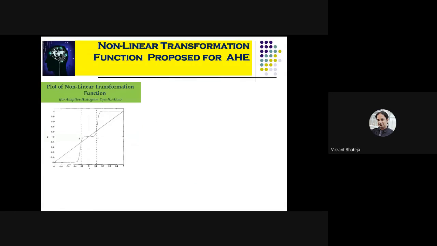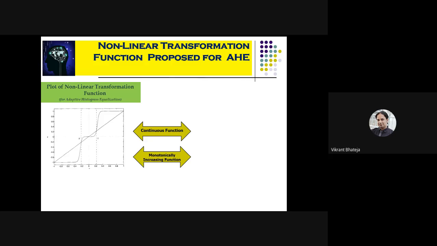Now let's see the plot of the non-linear transformation function for histogram equalization or adaptive histogram equalization. This is the kind of non-linear transformation function required for adaptive histogram equalization. And again, this is a continuous function and a monotonically increasing function.